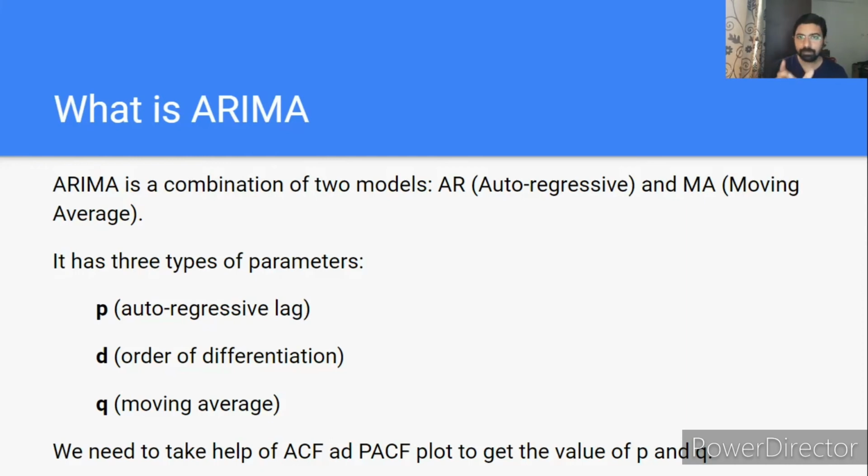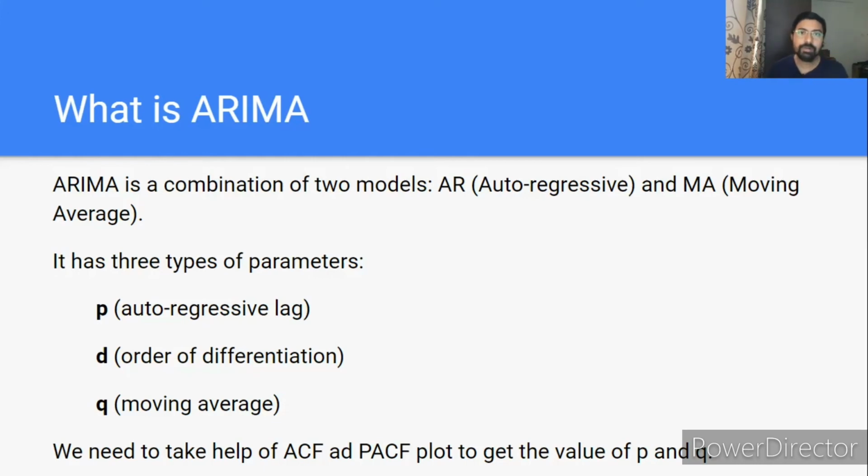If it reaches zero at 3 lags, that is more significant. We'll see how PACF and ACF determine your p-value and q-value. The q-value is the error part, the moving average part. Now let's see how these things actually work.